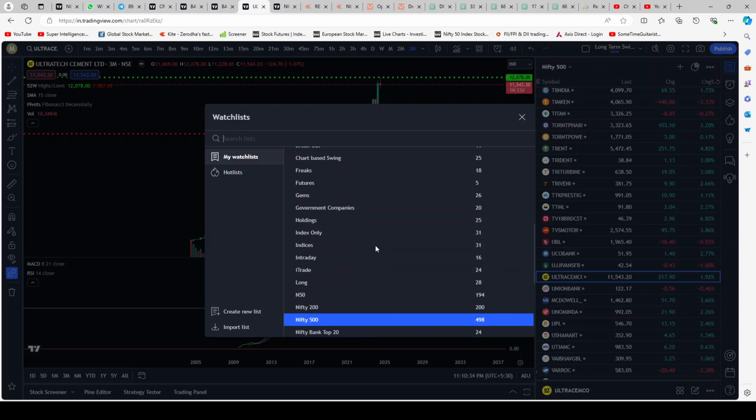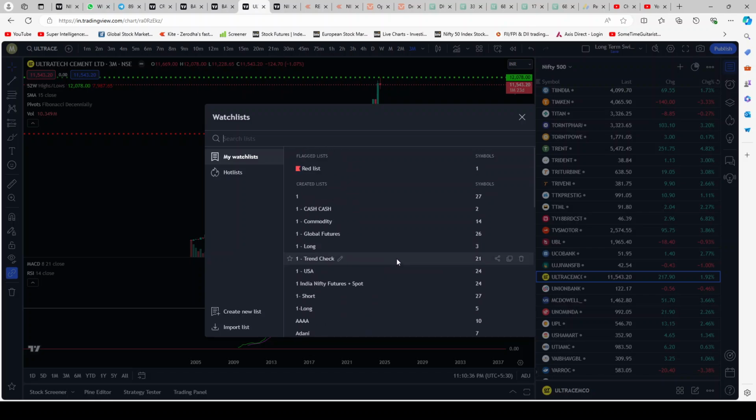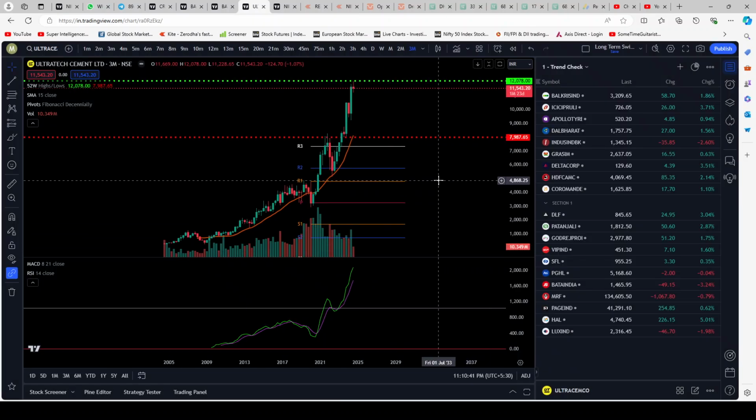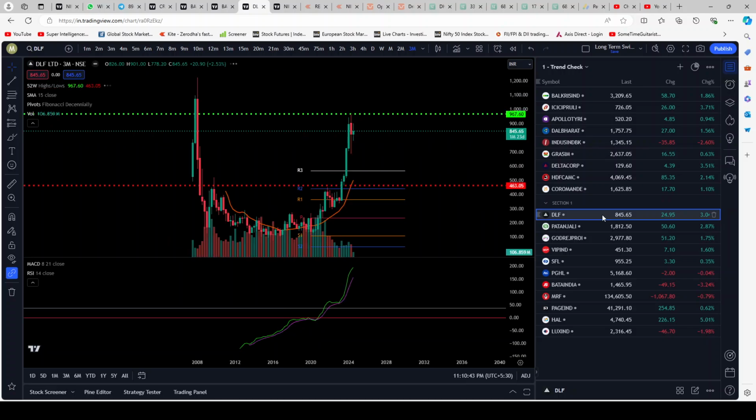Before I go to this 500 chart, let me just go to few stocks that I'm currently checking. You can see this DLF. Its lifetime high was done in 2018, where it touched some 1200 rupees or something. All right. Then it's a big crash.